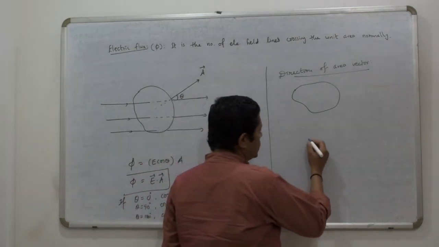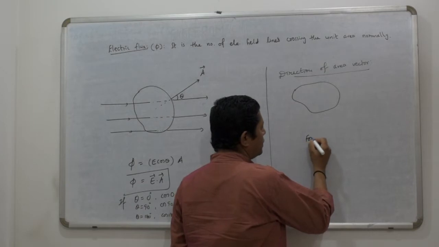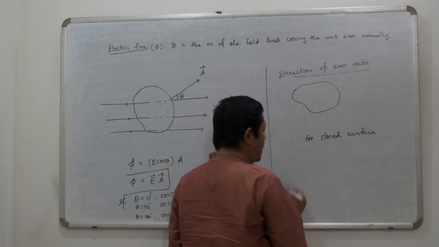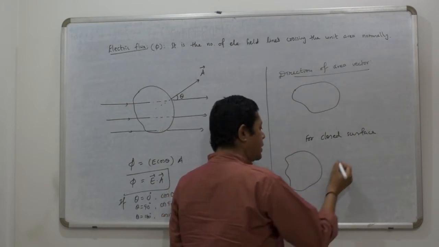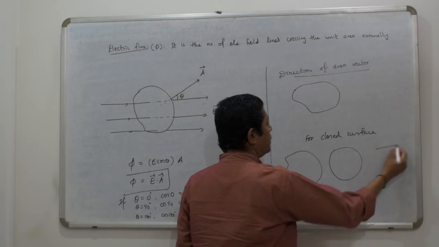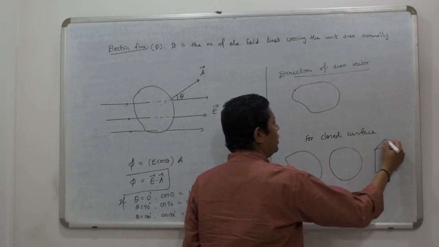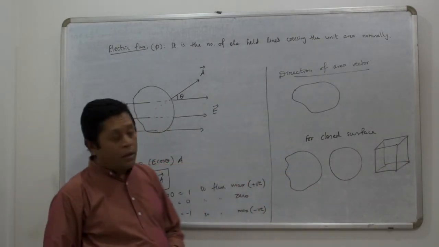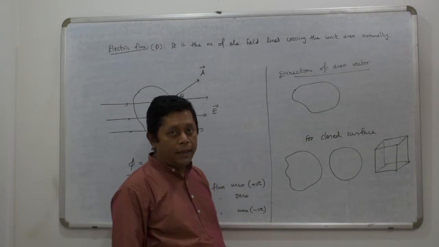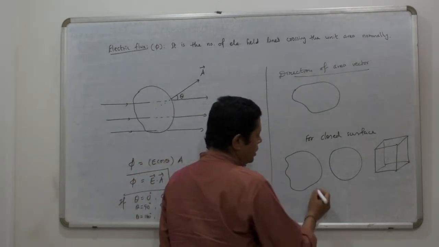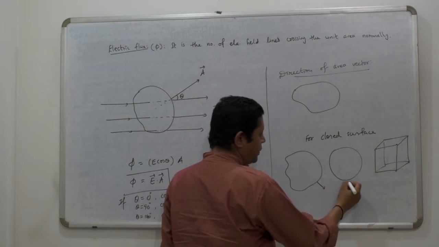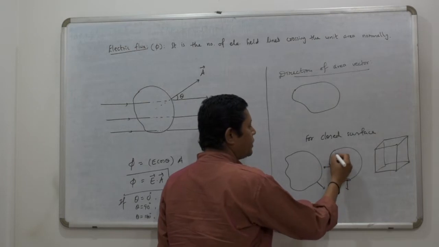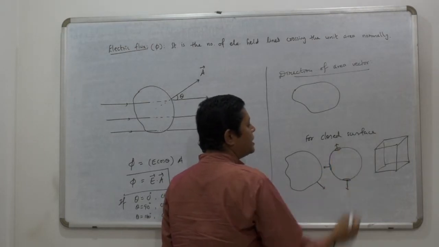If it is a closed surface, it can be of irregular shape, or a regular spherical surface, square, cube, cuboid, parallelepiped, whatever it is. For this kind of closed surface, the area vector is always outward.